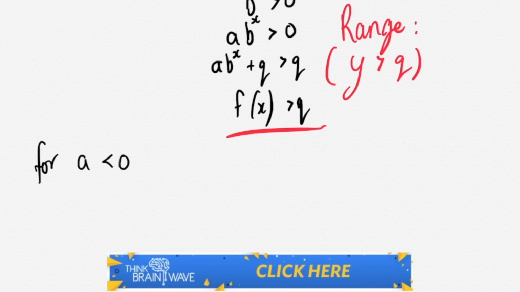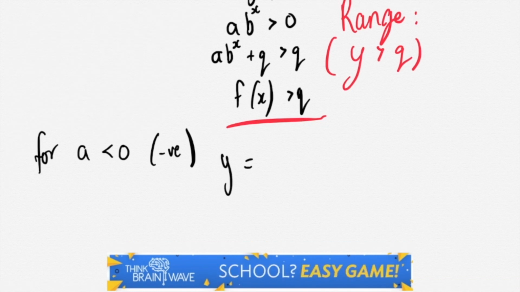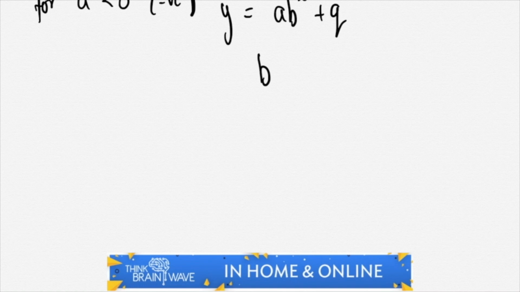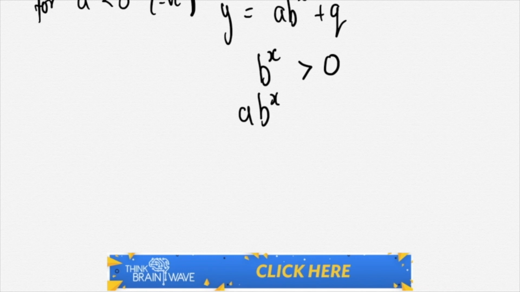For a less than naught, we do a similar sort of process. We know that's negative, so we say y is equal to a b to the power of x plus q. We then say b to the power of x is greater than naught, and a b to the power of x is less than naught.